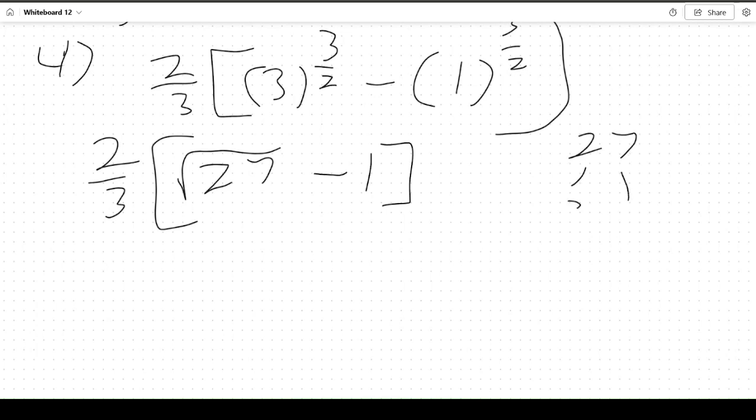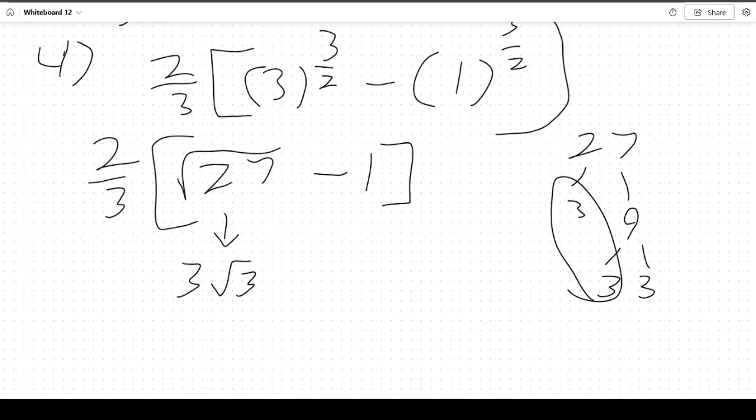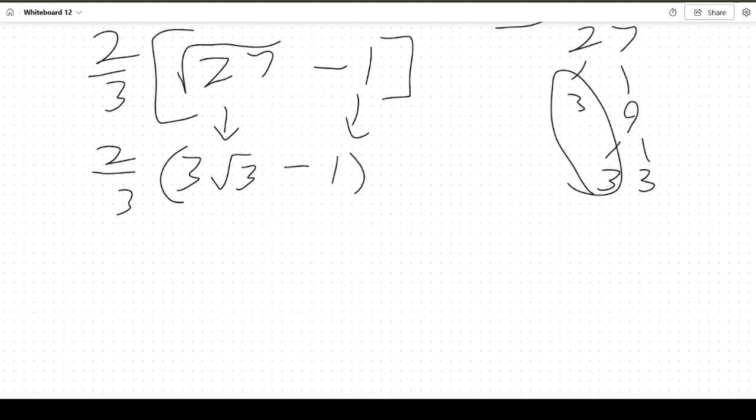So 3 times 9. 9 has the factor of two 3s, so we can take one 3 out and leave the other 3 inside. So this would be just 3 square root of 3, and this would just be minus 1. We can distribute.